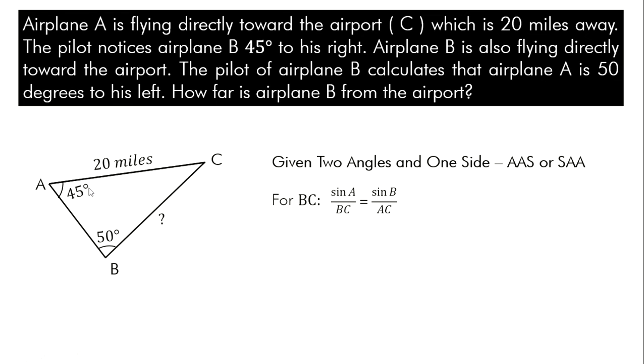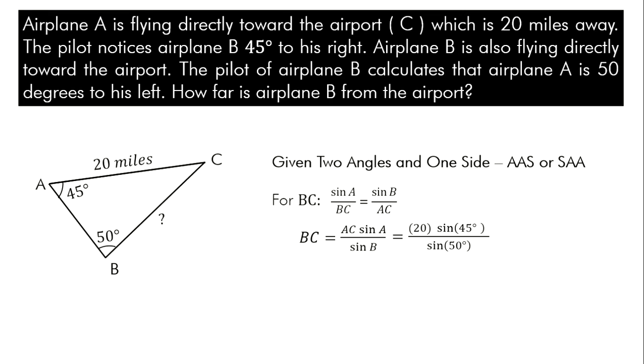As we substitute the given, we have angle A as 45 degrees, angle B as 50 degrees, and the length of AC, which is 20 miles. So as we substitute that, let's compute for the value of BC.